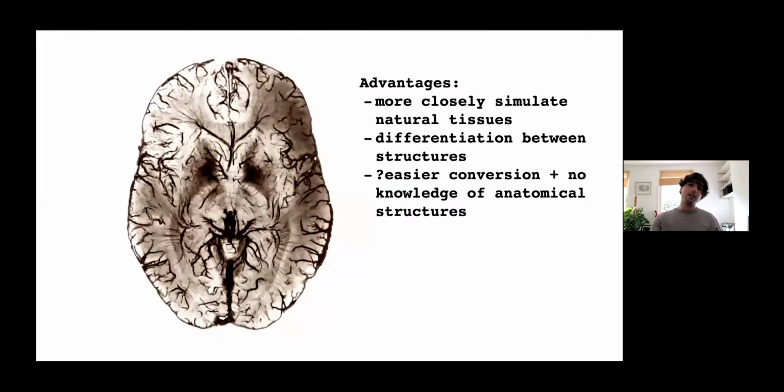So the advantages of this approach over the traditional segmentation approach is that it doesn't require any anatomical knowledge. You can just use these scans, go through this workflow, and you're left with a physical manifestation of the scan. It much more closely mimics natural tissue. So in theory, you could use lots and lots of different materials.